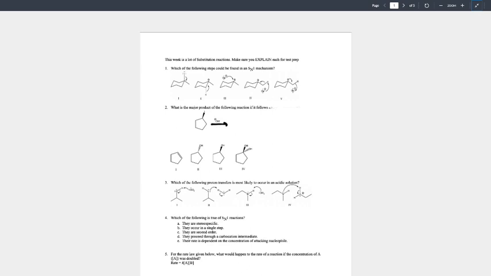Because it's SN2, I only get one product. That's going to follow an SN1. That means I have to identify two products. Officially, we have to have a stereocenter, so we could throw a methyl group on there. Okay, we're going to ignore this first one for the moment.